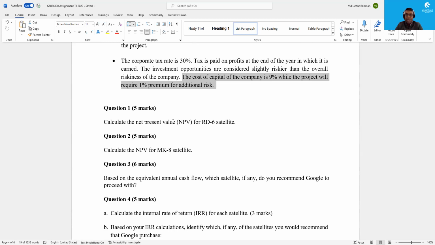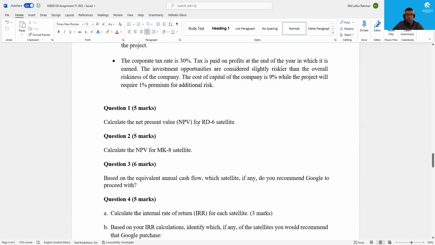Now, the company cost of capital is 9%, which reflects the overall riskiness of the company. However, for this project, an additional 1% premium is needed because this project is somewhat more risky than the overall riskiness of the company. That's why the cost of capital should be 10% for the project, not 9%.